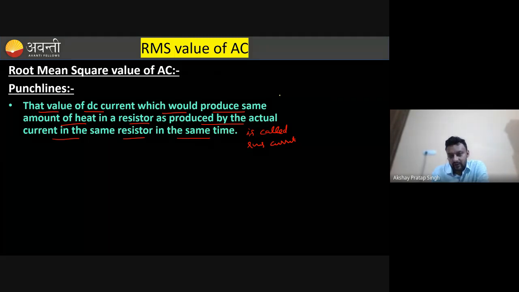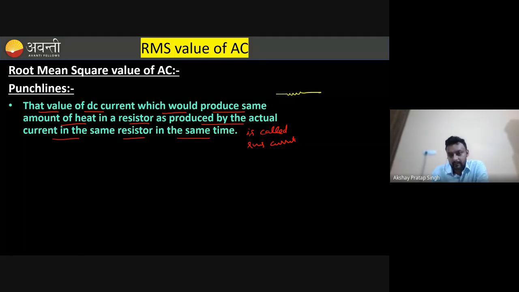For example, you have a resistor R. In this resistor, some current is passing, like suppose I, and this is DC current. In the same resistor, some AC current is also passing.